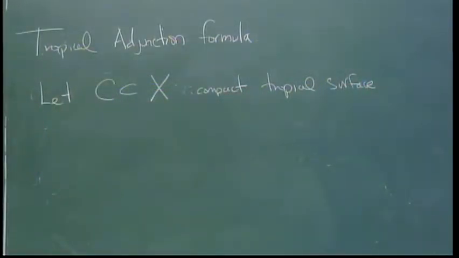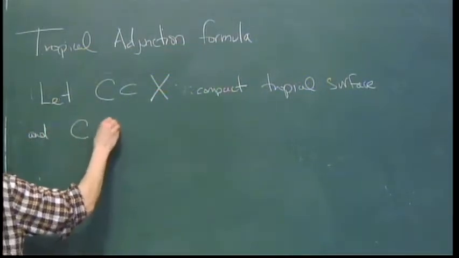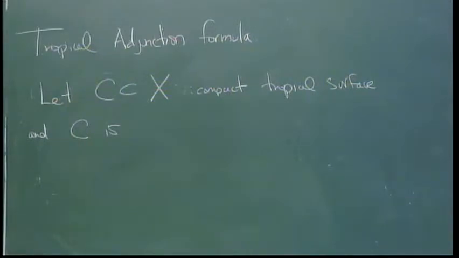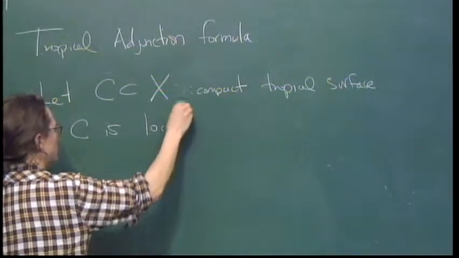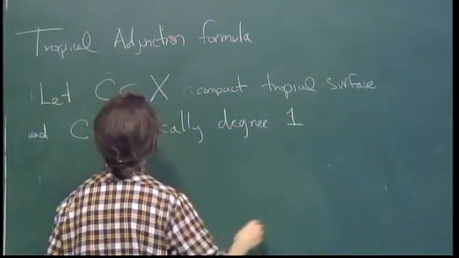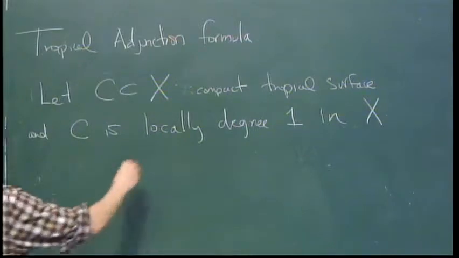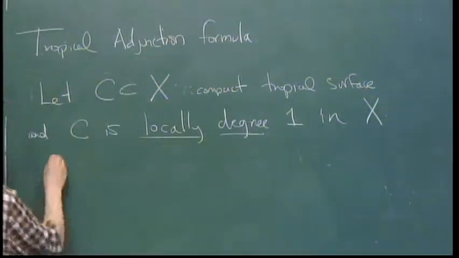And I'm going to take C. So I need to use some adjective here, and I'll explain what it is in a second. C is locally degree 1 in X. This is very important.